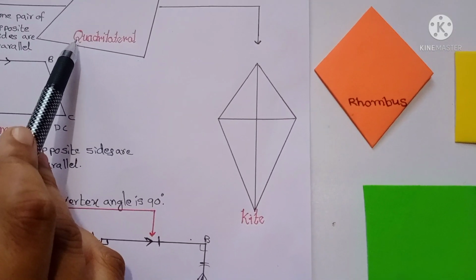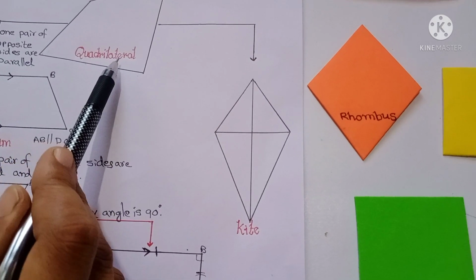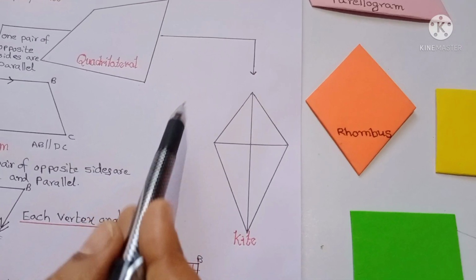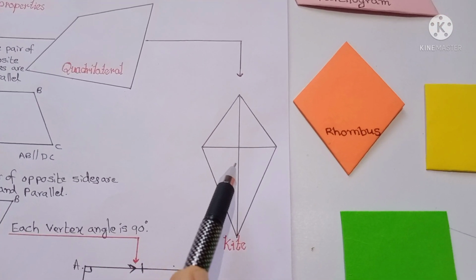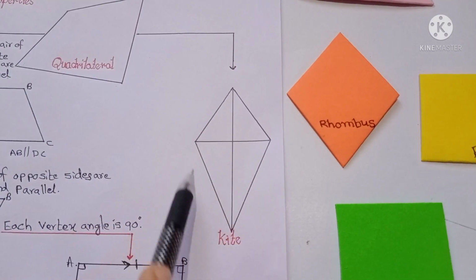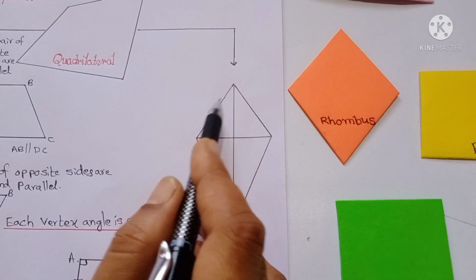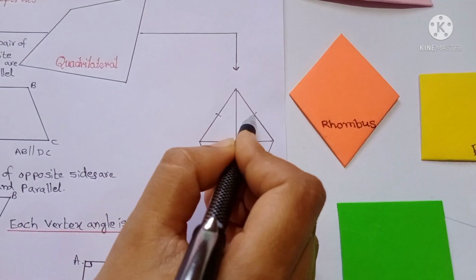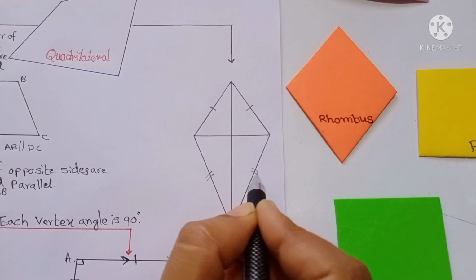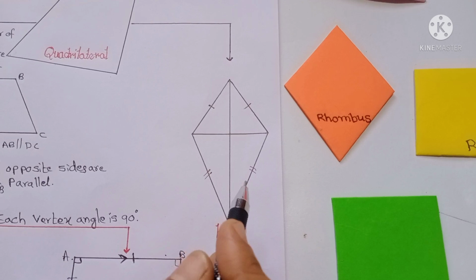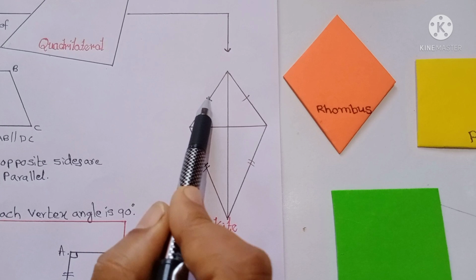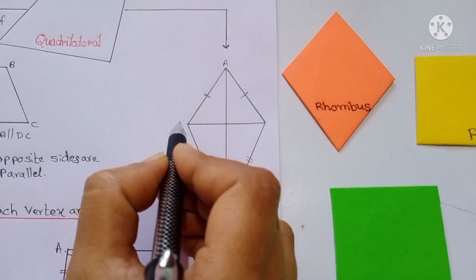Now, in this quadrilateral, no pairs of opposite sides are parallel. Then that is called a kite. Here, a kite has adjacent sides equal. A kite has two pairs of adjacent sides equal. Name it.